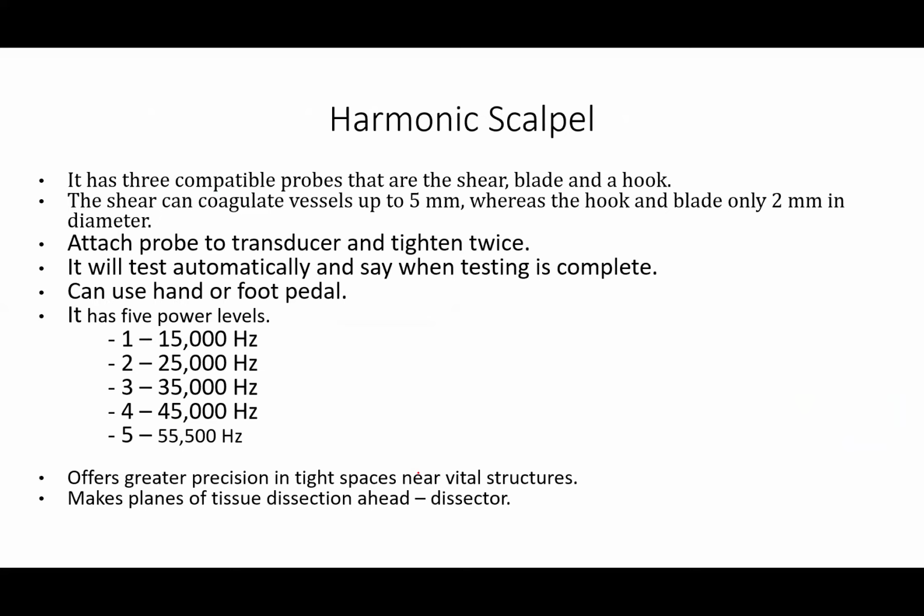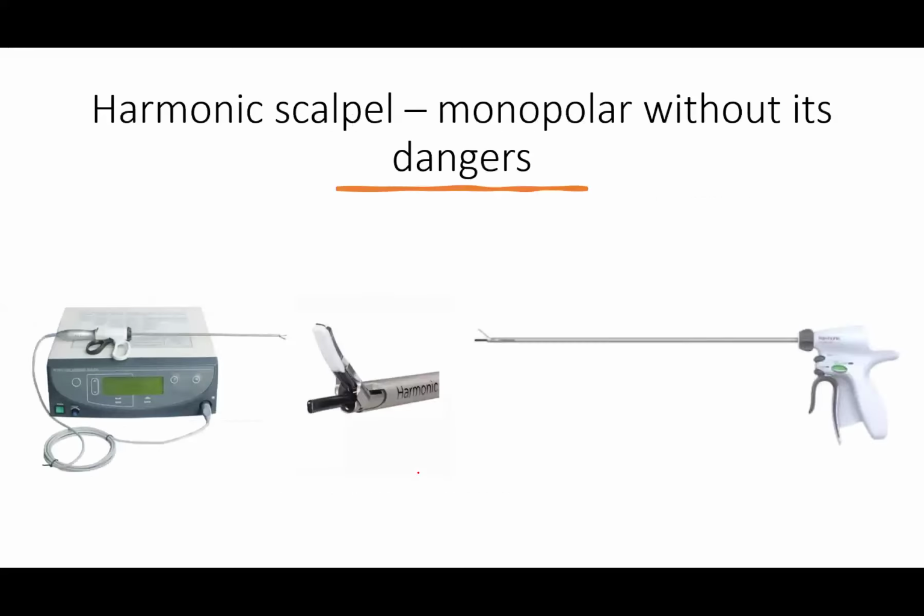Now, the harmonic scalpel has three compatible probes. They share the blade and the hook. These are what you couple, the disposable part. You have the generator. Now, this handle you see, you use it for a certain number of surgeries, then you have to get another one.